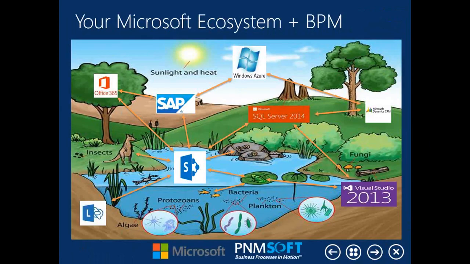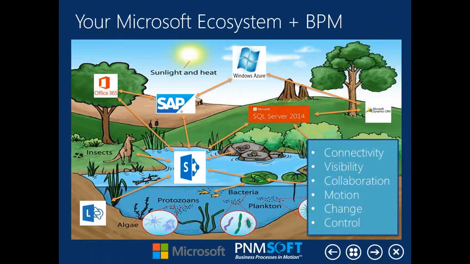So this is what your Microsoft ecosystem might look like with BPM. It's the same ecosystem, it's the same products, but now these products and your people, some of these animals here representing users, are now connected together. They're interacting with each other, and they're in motion. So once you have connectivity, your users now have visibility across the organization.